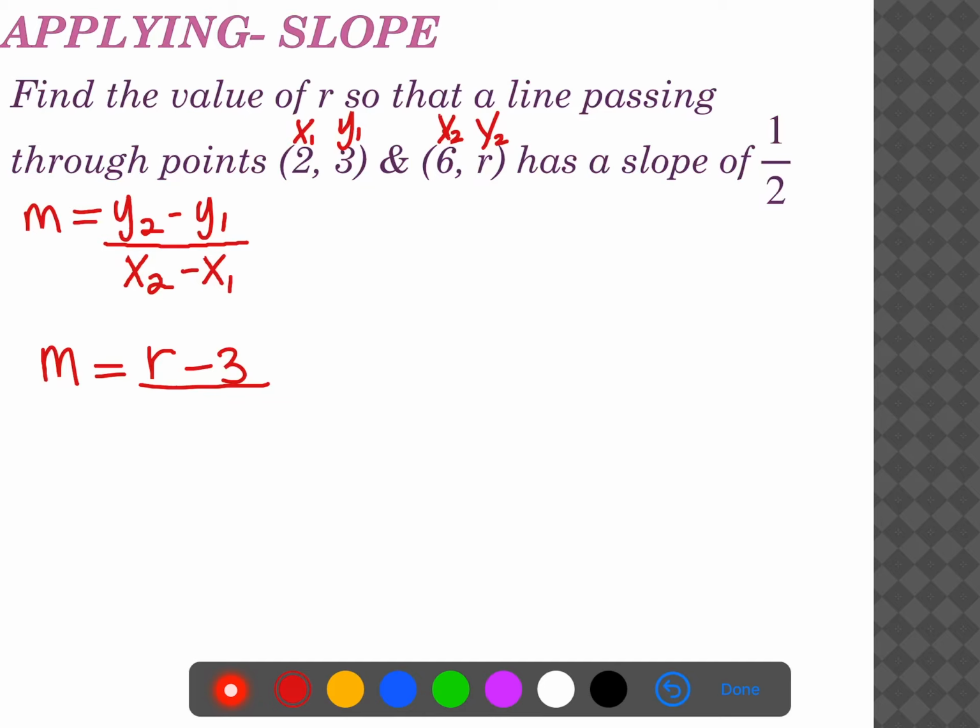It's a variable. I'm going to plug it in. Now I can't solve an equation that has 2 different variables, but I happen to know the slope. My slope is m, and that was given to me in the problem. That is 1/2. So I can also plug in my slope here.